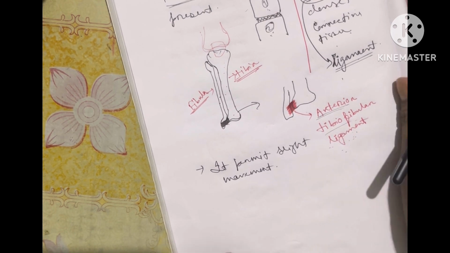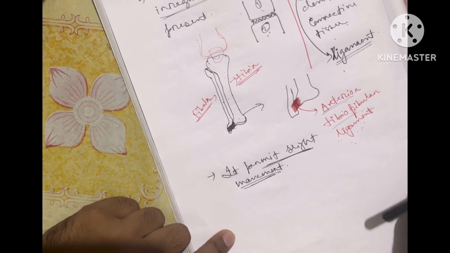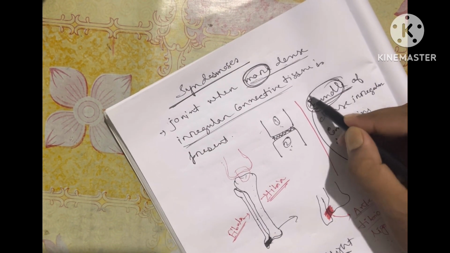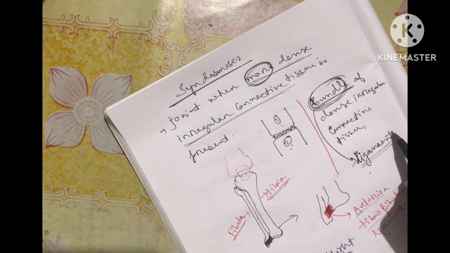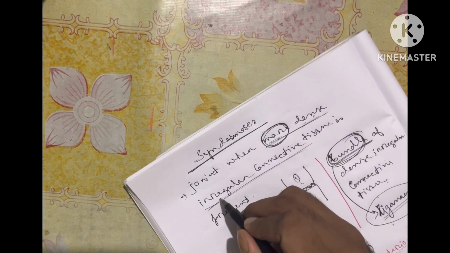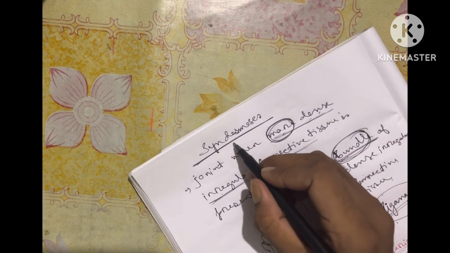So joints which allow slight movement, or joints which have bundles of dense irregular connective tissue called a ligament, or which is more dense than the sutures' irregular connective tissue, those are called syndesmosis.